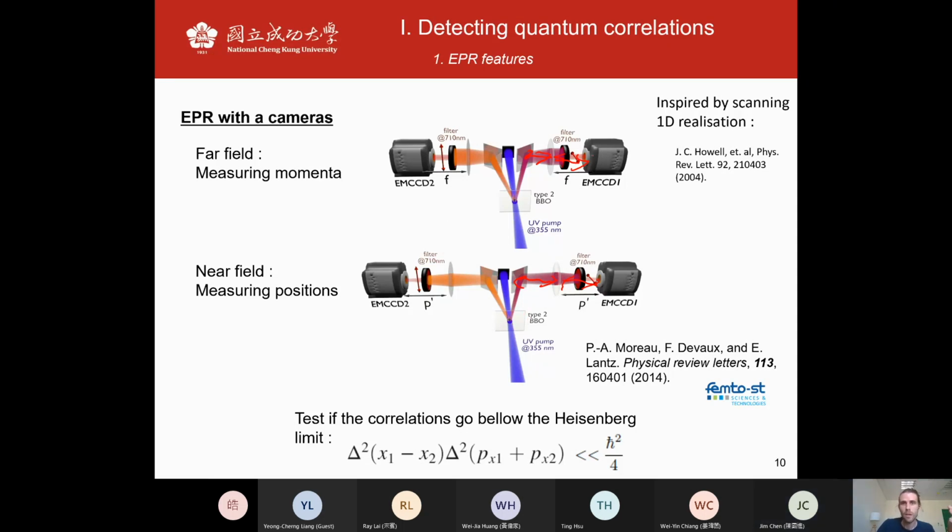And in the far field, we take a picture of a plane at infinity. At infinity, what you have is the angles of propagation of the photons, which corresponds to the momenta of the photons, the transverse momenta. I see. So it's just by adjusting the relative positions to place it either at a focal point or outside the focal point. Yes, we change the focus of the camera, in fact.